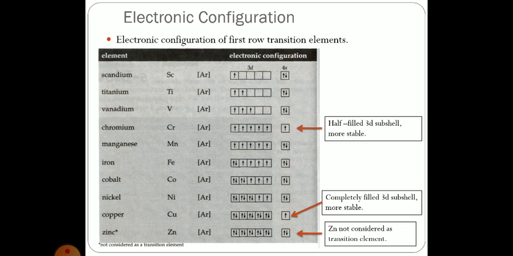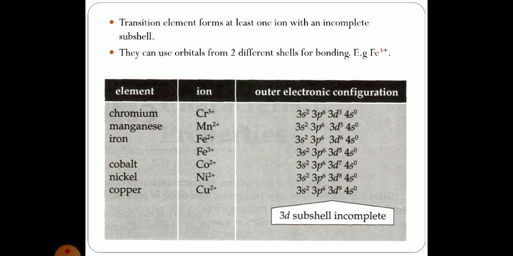And if you look at another element, copper, it has a completely filled 3d subshell, and again you can say that this is also a more stable element. So this is the electronic configuration of first row transition elements.